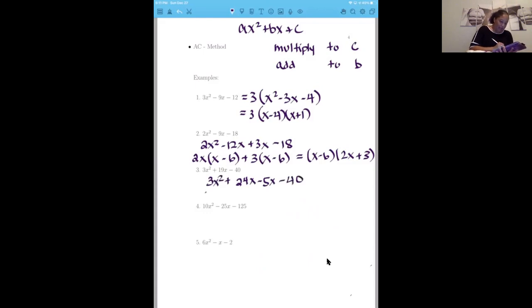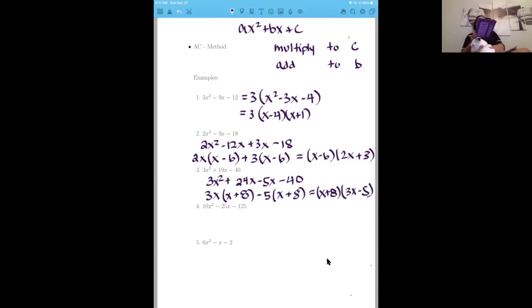The first two terms I can factor out a 3x, and I get an x plus 8. I have a negative sign in between the grouping, so I'm going to factor out a negative 5, and I get an x plus 8. So I take out the x plus 8, and what I have left is a 3x minus 5.